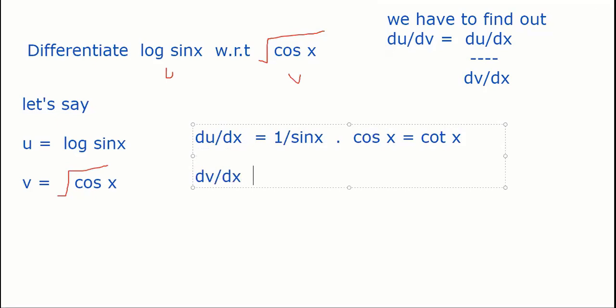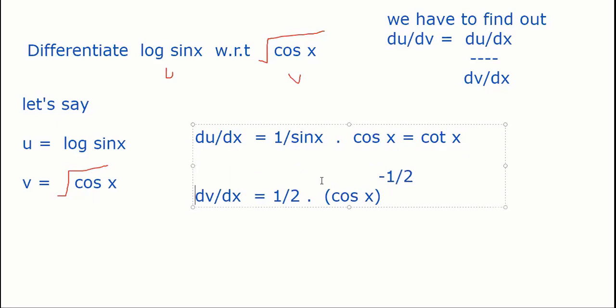Similarly, what will dv by dx be, everybody? Now again we have the function root of cos x, like root x. What is the differentiation of root x? Half into x to the power half minus half, that is 1 by 2 root x. So this is for root of cos x, now into the differentiation of cos x, which is minus sin x.